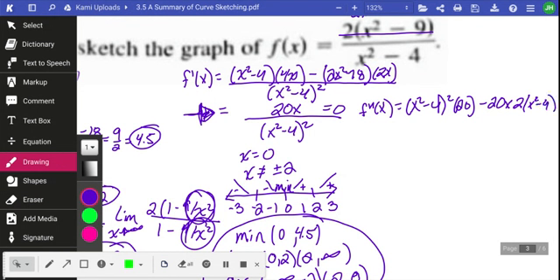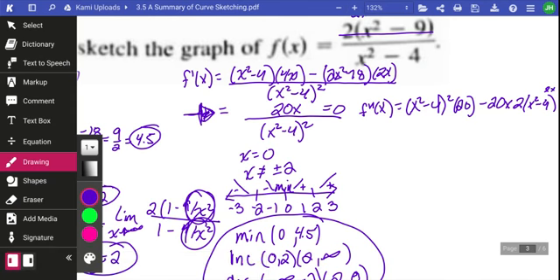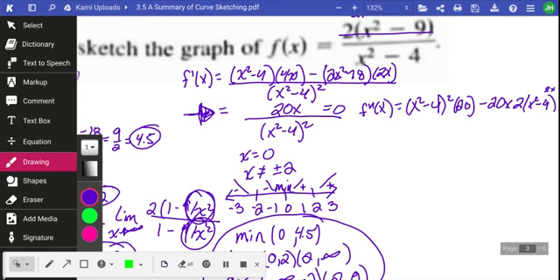Oh, I'm running out of so much space. You guys have to make sure I don't mess that up. That tiny 2x is intended to be multiplied in my numerator, all over the bottom squared.